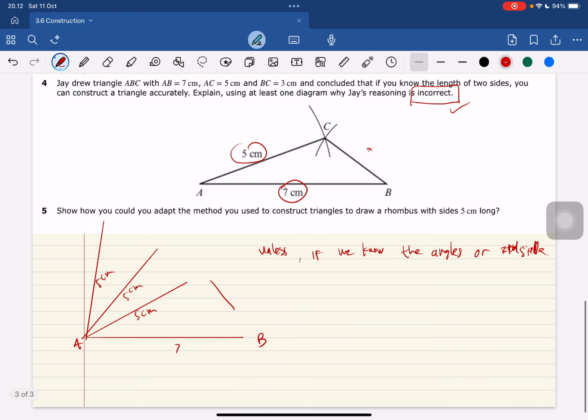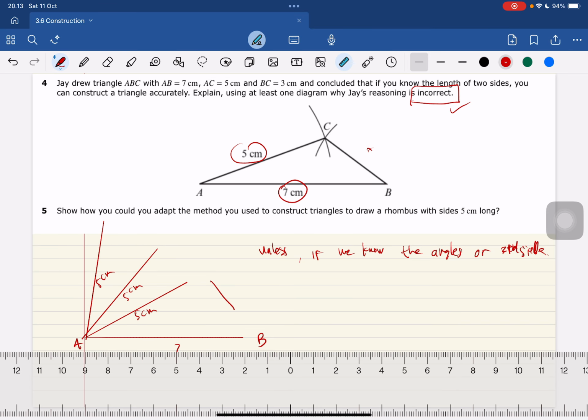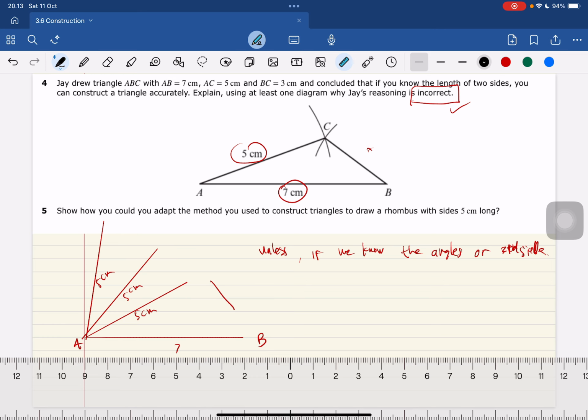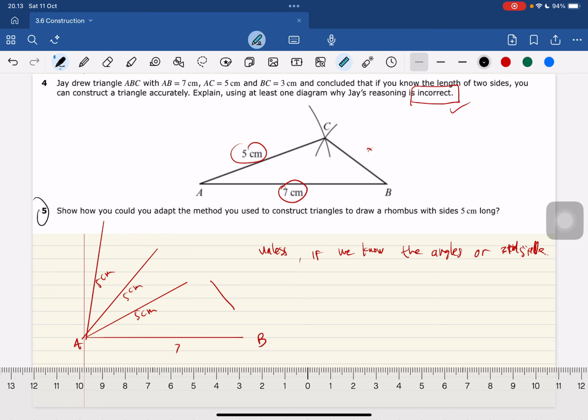Number 5: show how you could adapt the method you use to construct a triangle to draw a rhombus with sides 5 centimeter long. Remember, in a rhombus all sides are equal. So this is for number 5, rhombus.